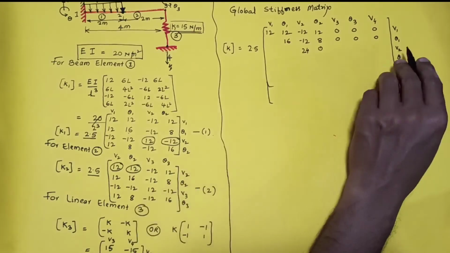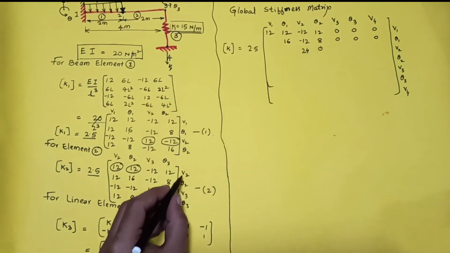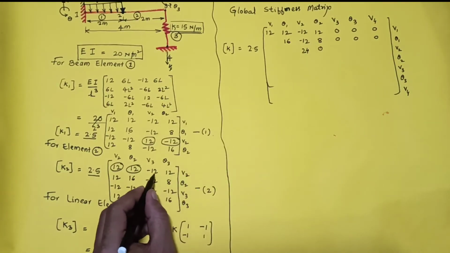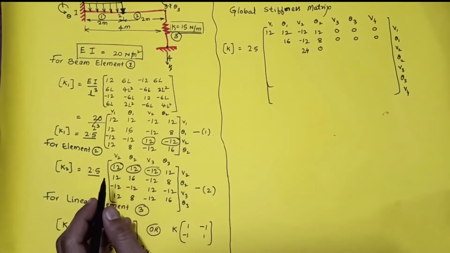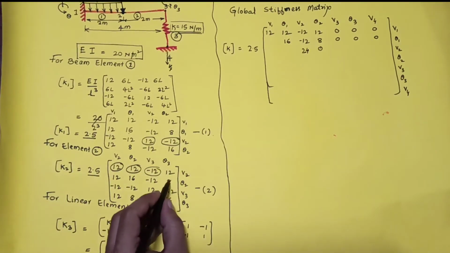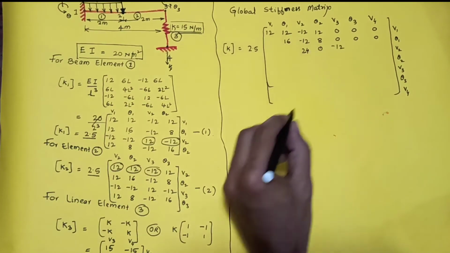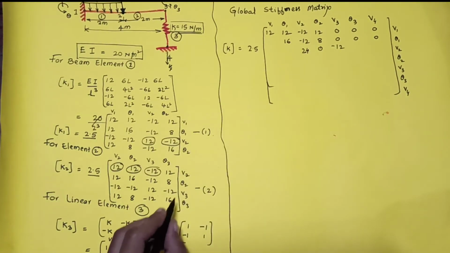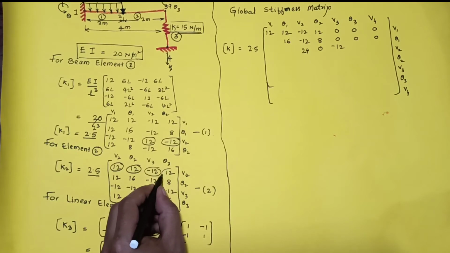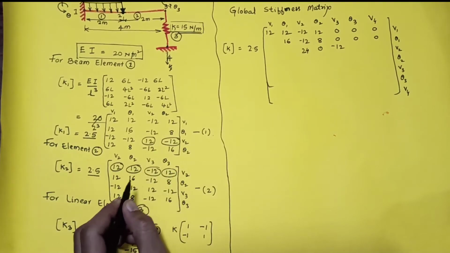Now V2 V3 is minus 12, so minus 12 will be there. V2 theta 3 will be plus 12.